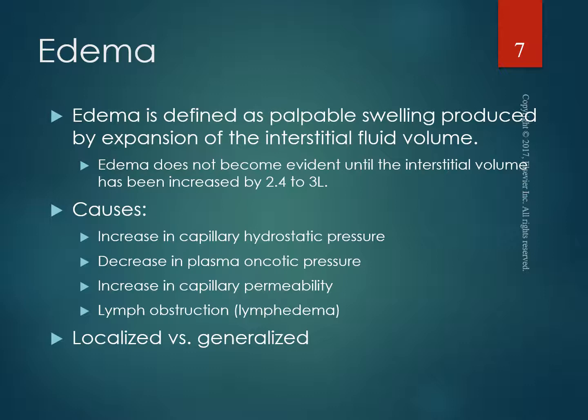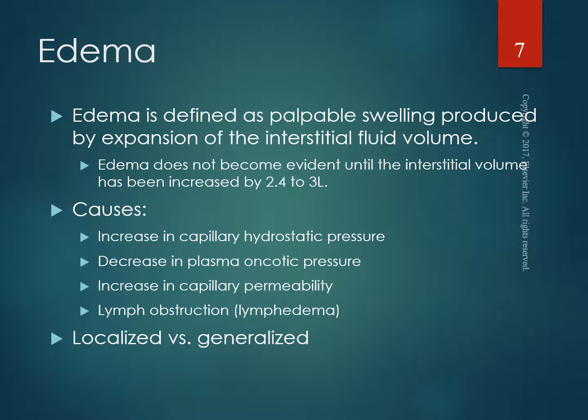Causes can be an increase in capillary hydrostatic pressure. This increases as a result of venous obstruction or salt and water retention. Examples are congestive heart failure, renal failure, and cirrhosis of the liver, which are associated with excessive salt and water retention.